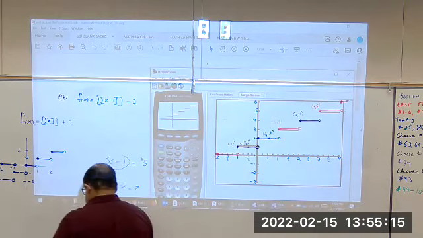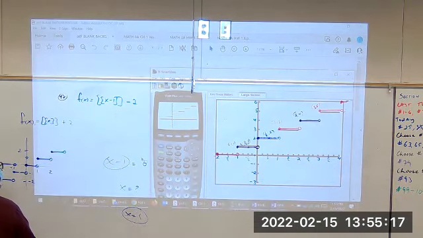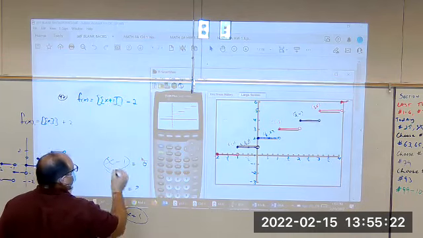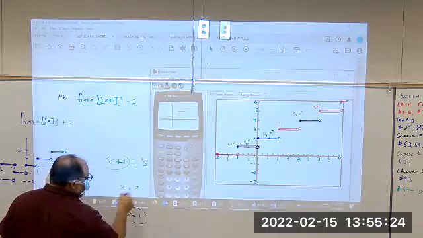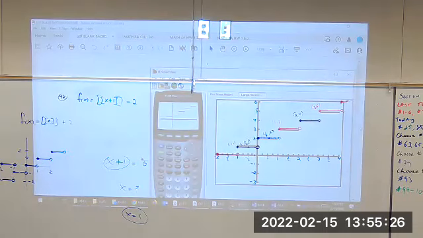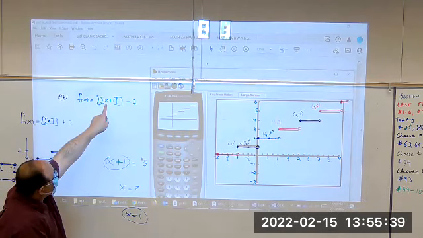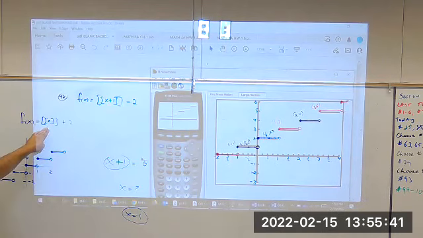If it was x +1, if there was an x +1 in here, when does x +1 equal 0? When x is -1. If x is -1, -1 + 1, it's like taking 0.